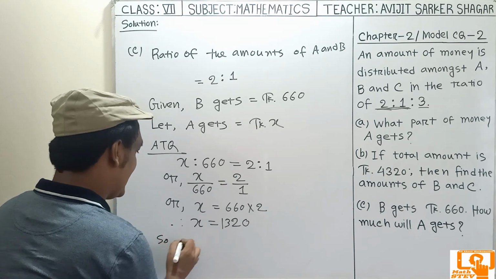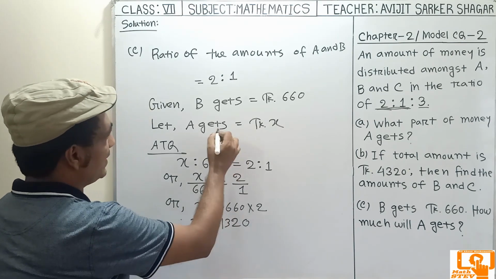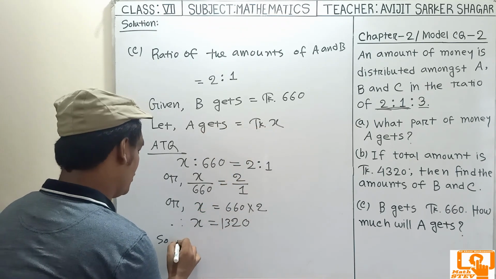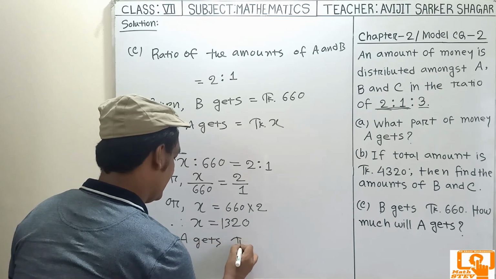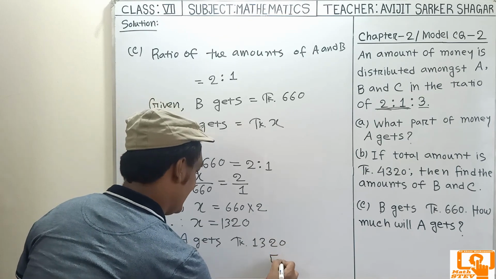So x equals 1320, and A gets taka x. That means A gets taka 1320. This is the answer.